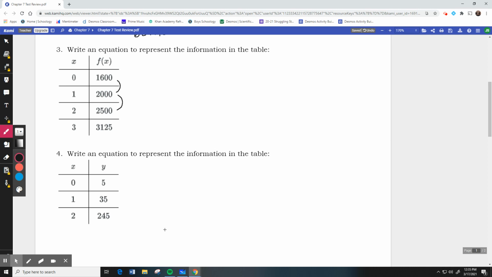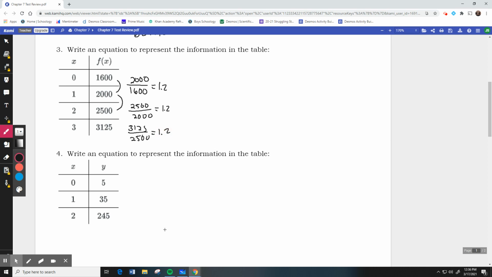If it's exponential, that means if I take any term and I divide by the previous term, it should always be the same amount. So if I take 2,000 and divide by 1,600, or 2,500 and divide by 2,000, or even 3,125 divided by 2,500, they should all equal the same amount. And they do. They all equal 1.2.